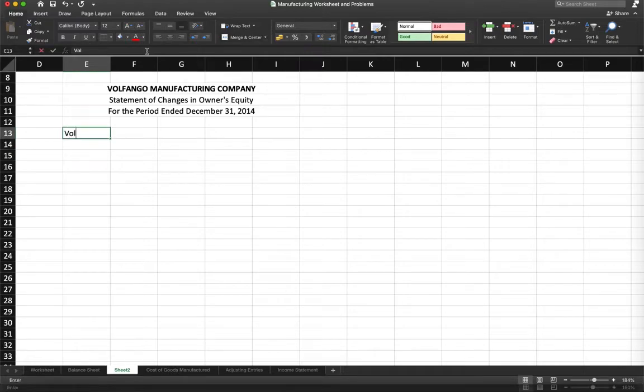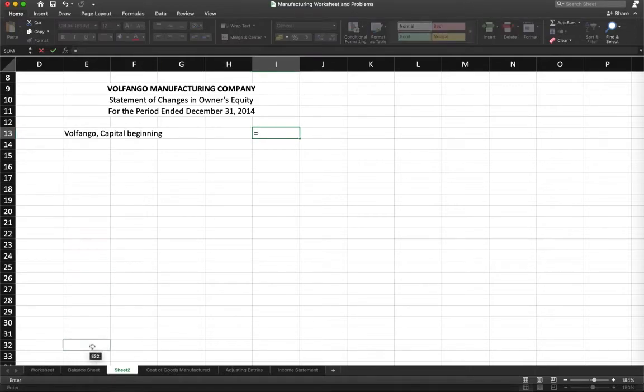So, Volfango capital beginning, or pag nakita nyo na January 1, 2014 o kung ano man, yan yung beginning. Magkano ang beginning capital?